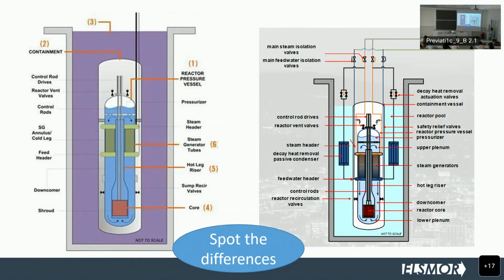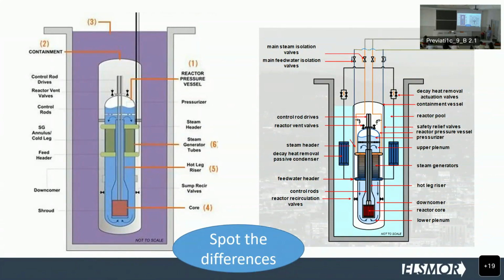Are there other problems with opening these valves for core cooling? If we think about the physical barriers of radioactive release that I went through, anybody remember what they are?